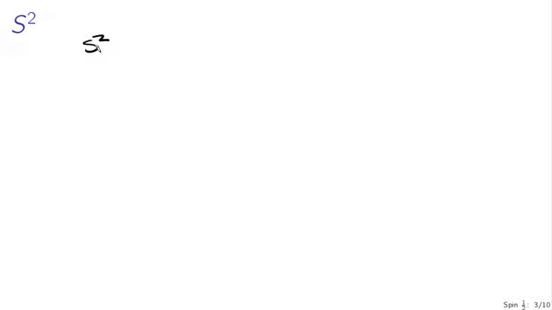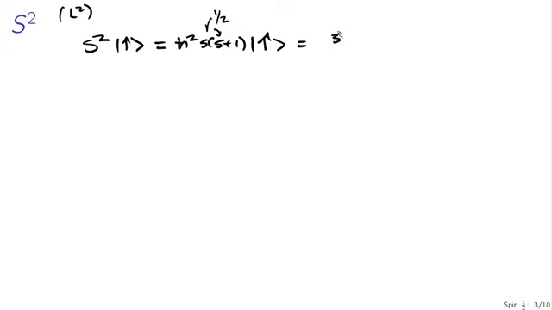S squared, which is our counterpart for L squared, acting on the spin up case, is going to give us our eigenvalue, which was h bar squared s plus 1, and this is an eigenstate of S squared by construction. S, in this case, is 1/2, and if you plug this in, you find out this is equal to 3/4 h bar squared.